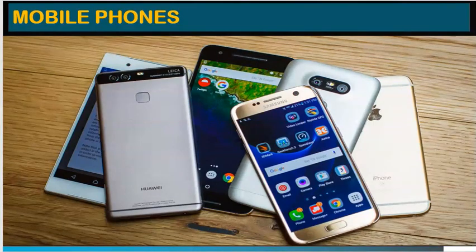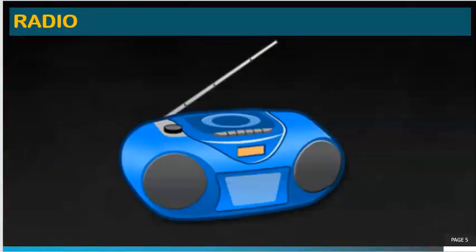And the first one we mentioned was the radio. So all these are devices that are used to send and receive information.